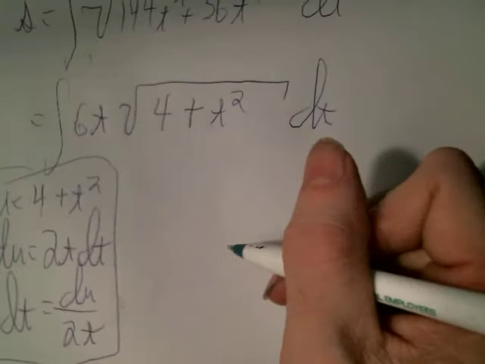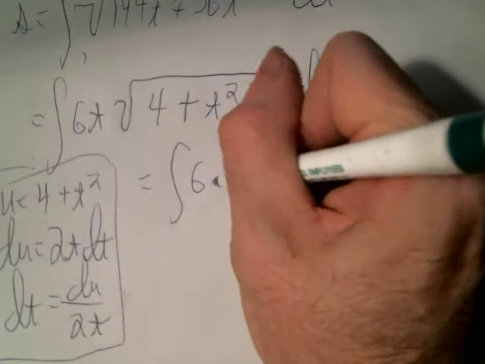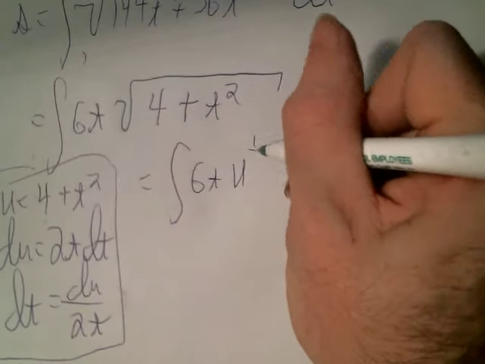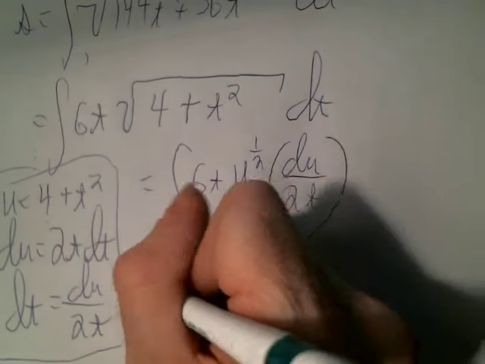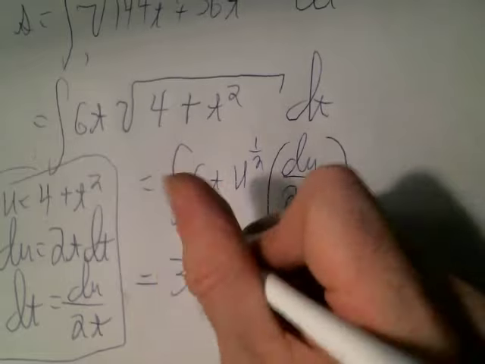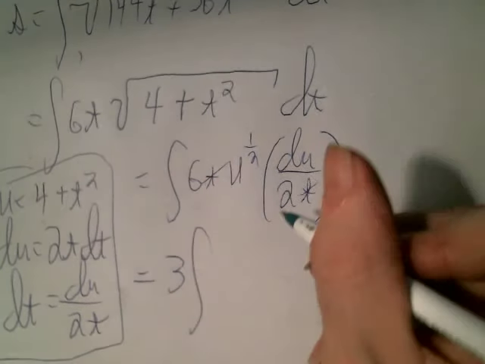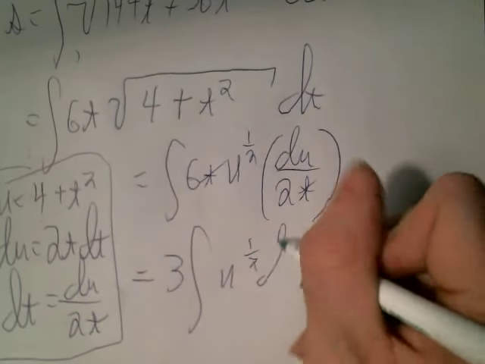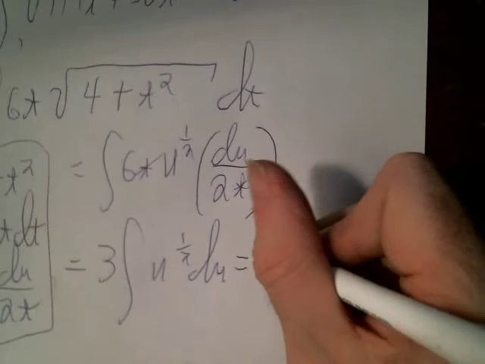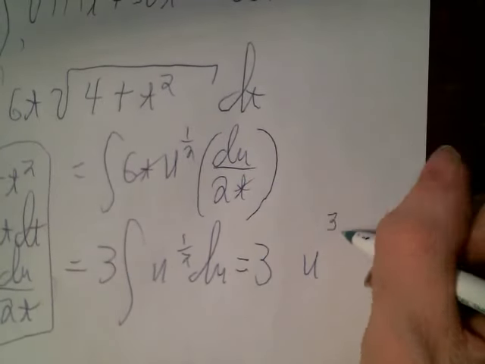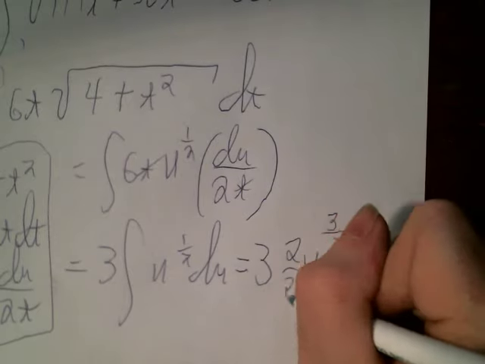Okay. So this will equal the integral of 6t times u to the 1/2 times du all over 2t, which will equal 6 divided by 2 is 3. Integral, the t's divide out, I get u to the 1/2 du. Then I have 3u to the 3/2 times 2/3.